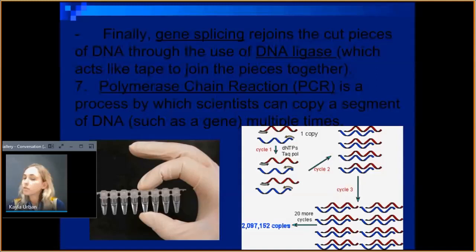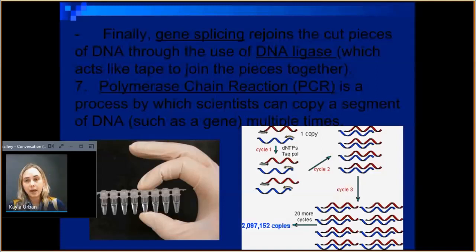So you take just this little chunk of DNA, and by cycling it through different heat and cooling cycles, and having free-floating nucleotides and different enzymes in there, they're able to denature the strand of DNA, which is separating it into two separate strands, and put a little primer on there telling it where to start, and extend the strand, and then separate them again, put the start location on there, extend.